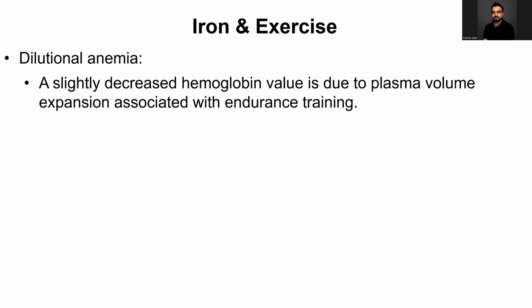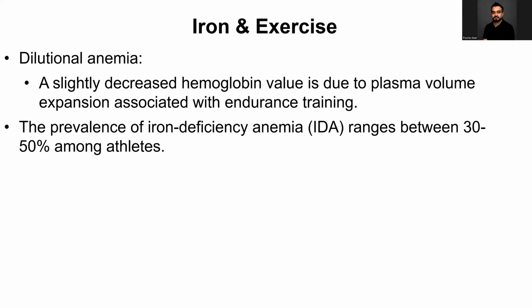It's not an actual anemia. That's why it's called dilutional anemia. We have slightly decreased hemoglobin levels and values in the blood test because of the plasma volume expansion. And it occurs with endurance training, like distance running, cycling, swimming.